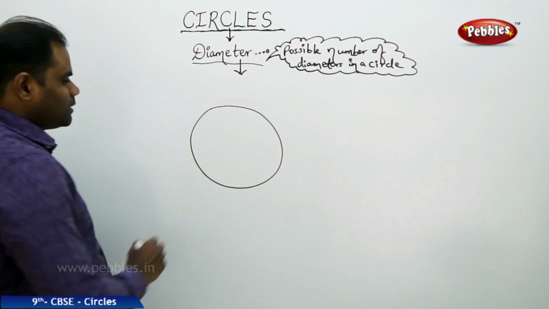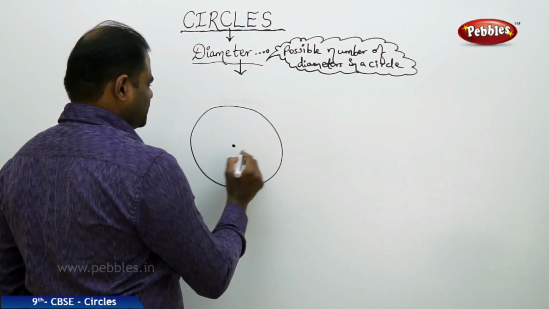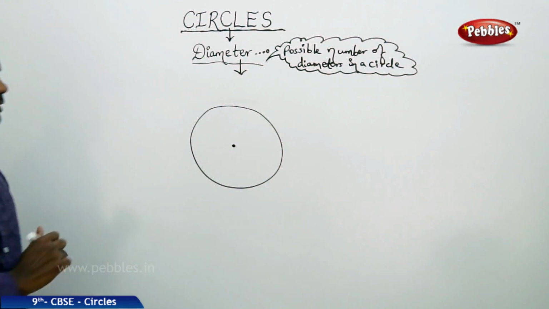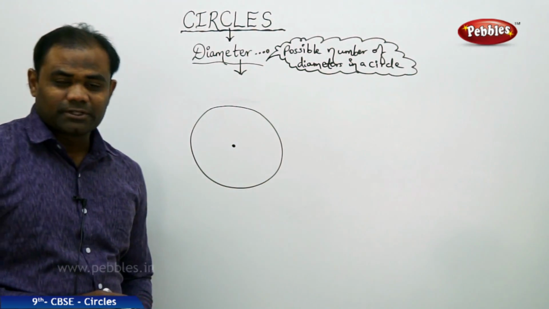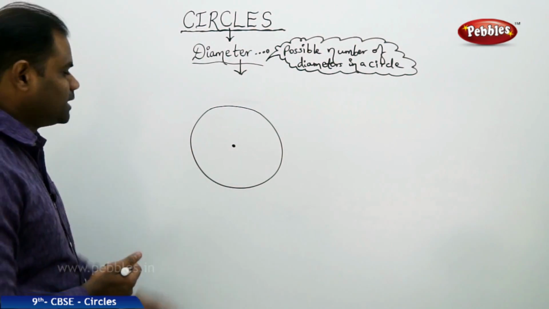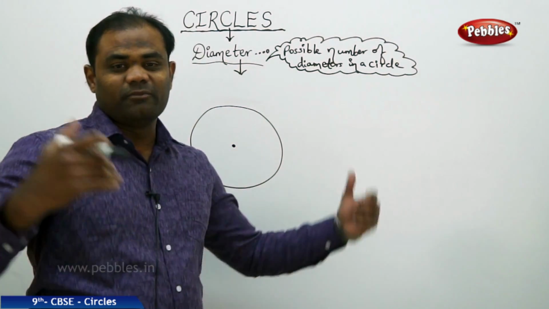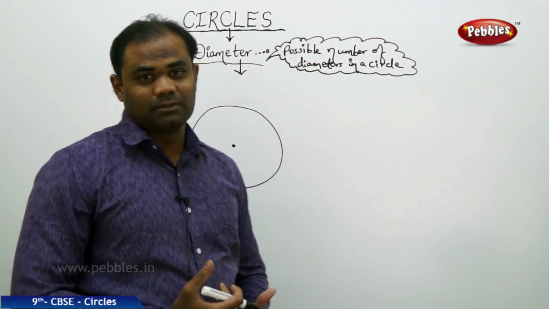Now let's say the center of this circle is here. Now as we know that diameter is a chord passing through center of circle, therefore let's take the different possible chords which pass through the center from various different directions of the circle.